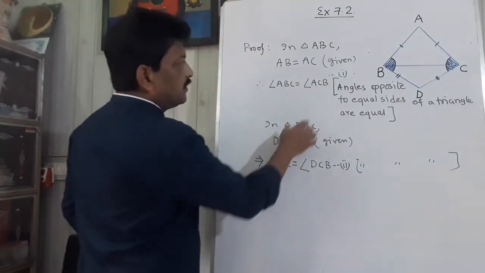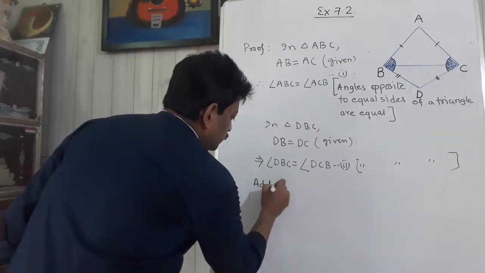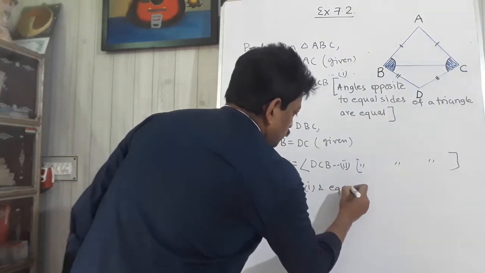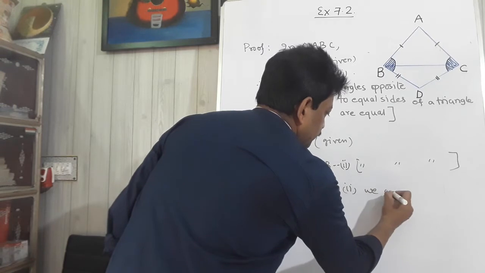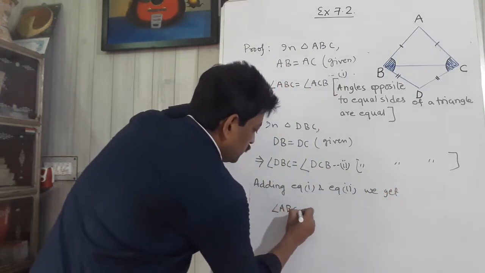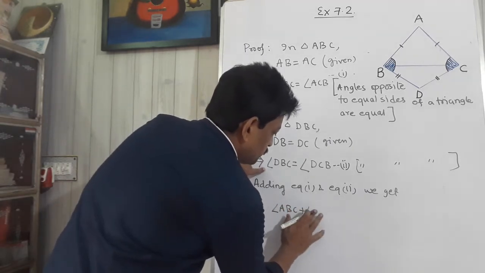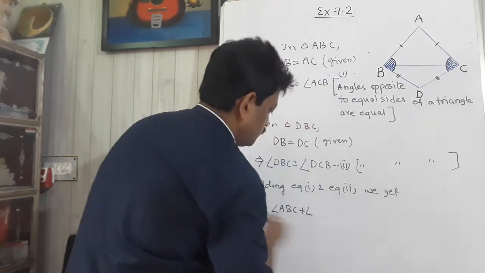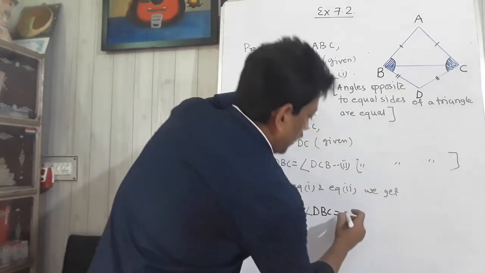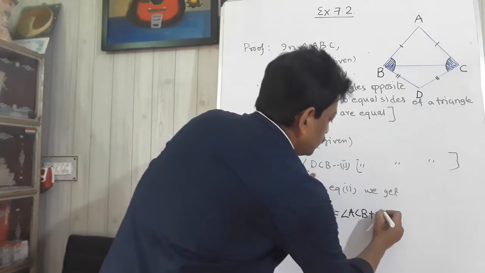Now let us add equation 1 and equation 2. Adding equation 1 and equation 2, we get angle ABC plus angle DBC is equal to angle ACB plus angle DCB.